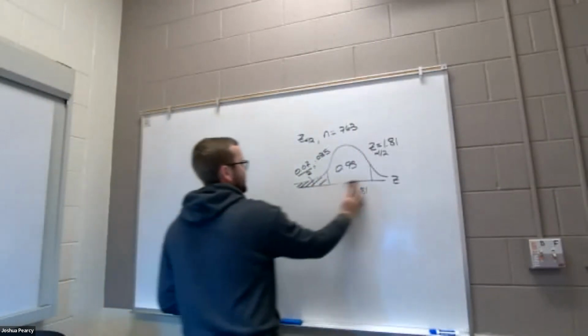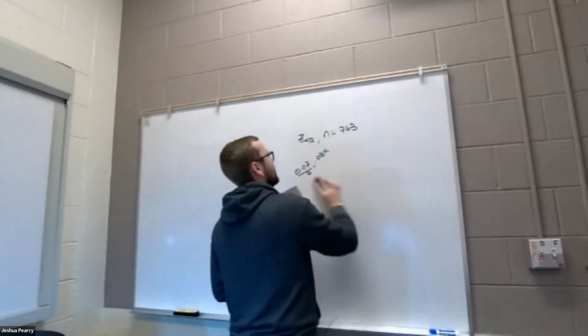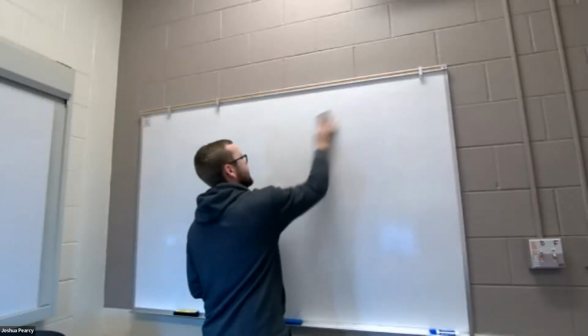Just like in chapter 7, we had z and t intervals. So what do you think we'll have in chapter 8 since we're doing a hypothesis test? Just put z and t in front. Z and t tests is what we'll do.